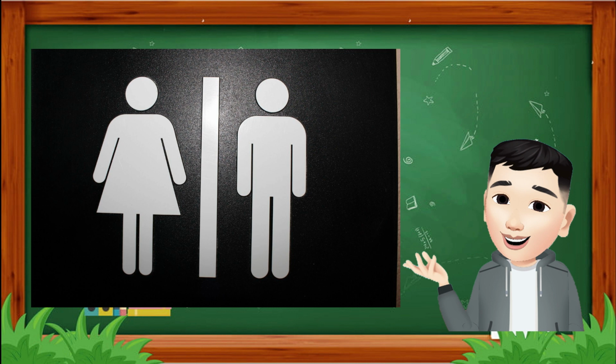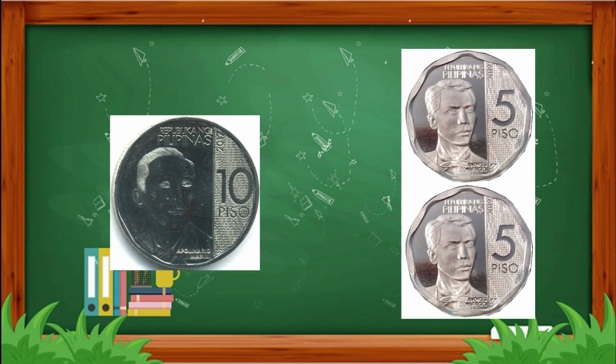That's why it is called informal or asymmetrical balance. Another example: I have a 10 peso coin on my left side and another 10 peso coin on my right side. That is symmetrical. It is asymmetrical if on my left side is a 10 peso coin, while on my right side is a 5 peso coin.